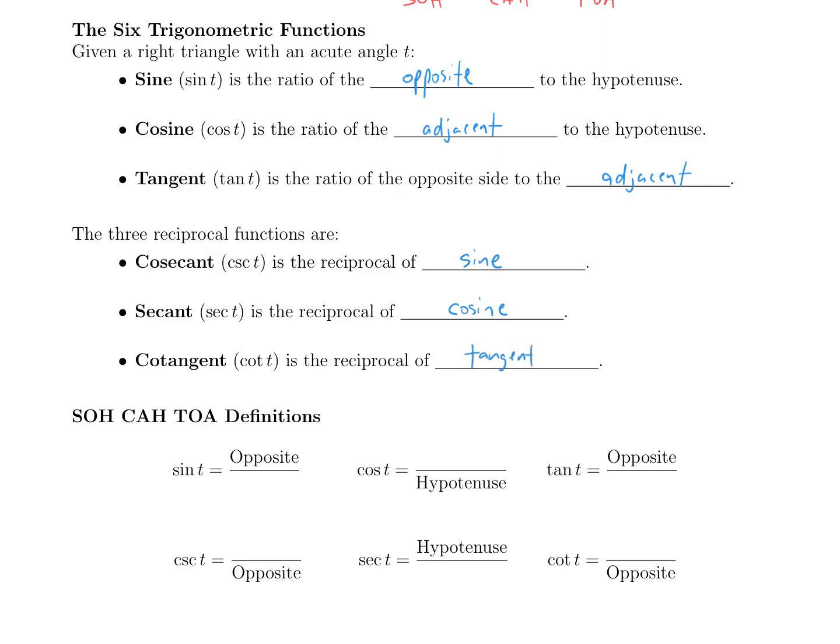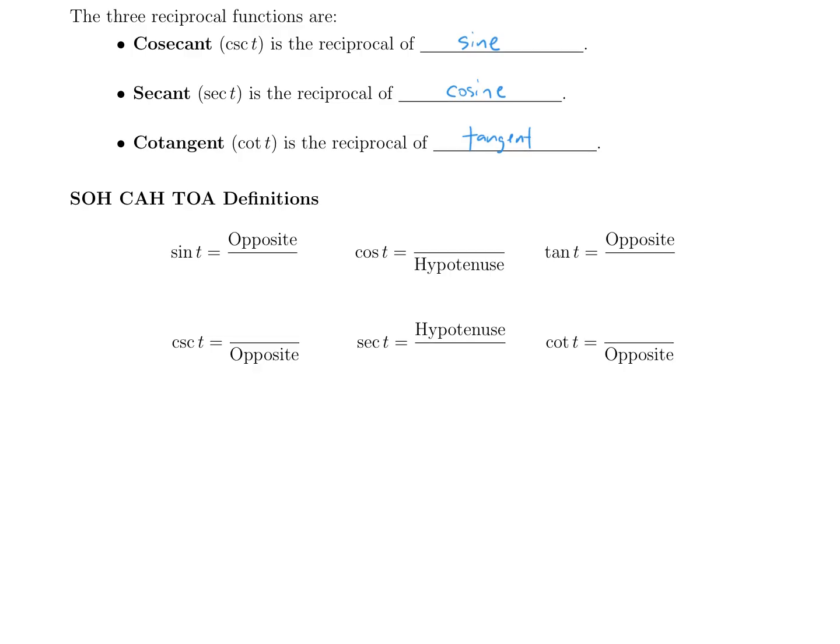Okay, let's move down here. And here they explain SOHCAHTOA. So it's what we kind of talked about a little earlier. It refers to the ratios. So remember, sine is referred to as the opposite over the hypotenuse. Cosine is referred to as the adjacent over the hypotenuse.